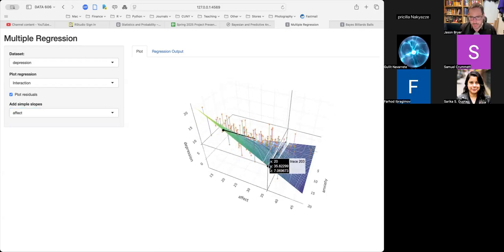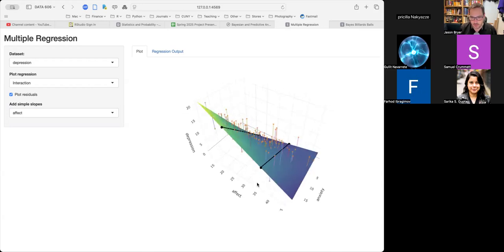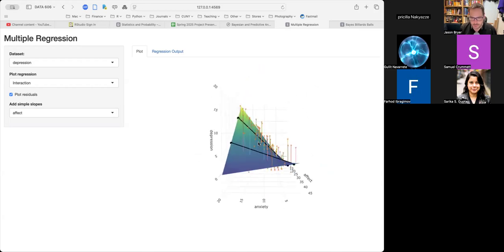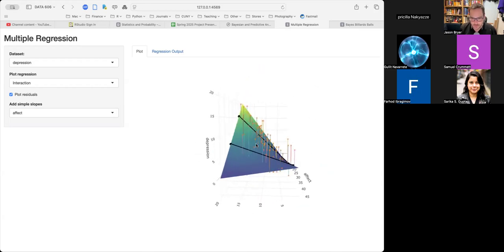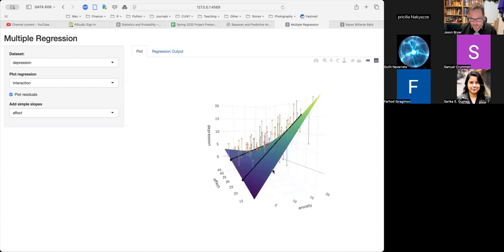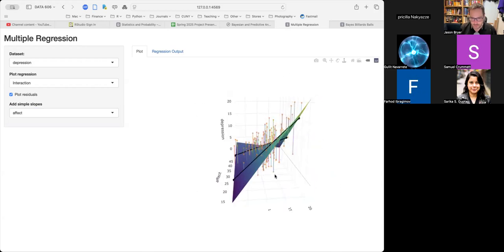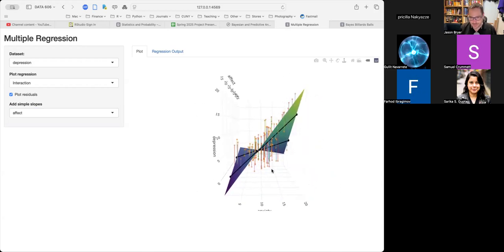This black line here is one standard deviation above the mean on affect, and this is one standard deviation below. A lot of times when you see interaction plots, if you Google around, and I get it oriented so low is on the left, this is often what you might see: just these two black lines.